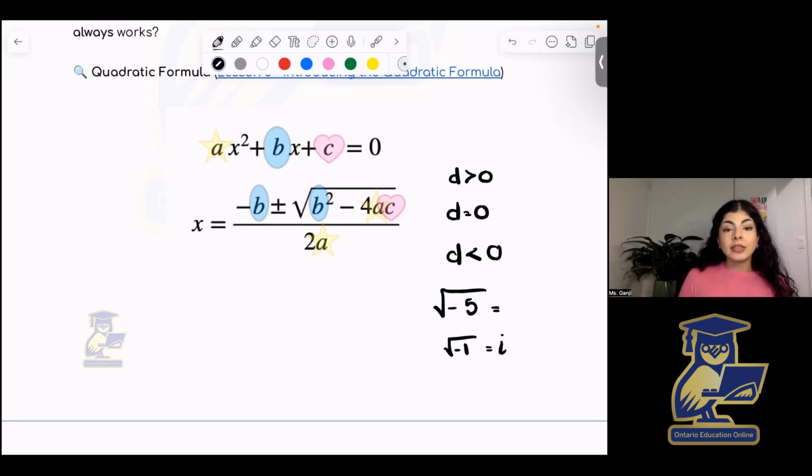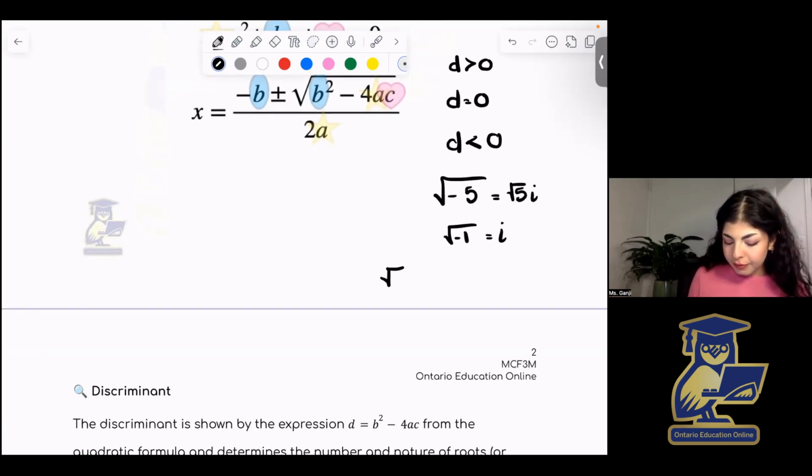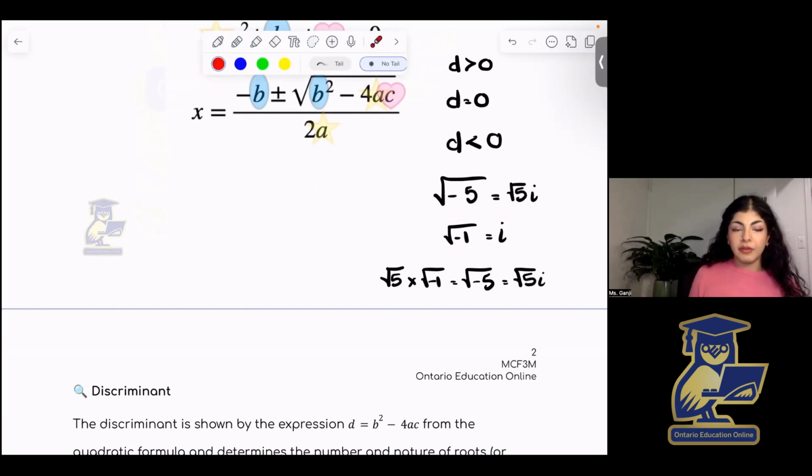And so the square root of negative 5 would just be square root of 5, i. And consider that square root of 5 times square root of negative 1 is going to be square root of negative 5, because of this definition.